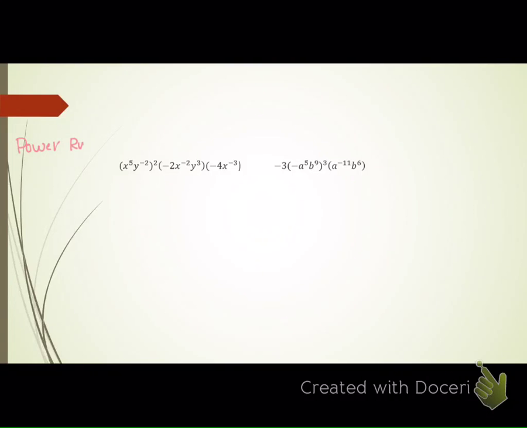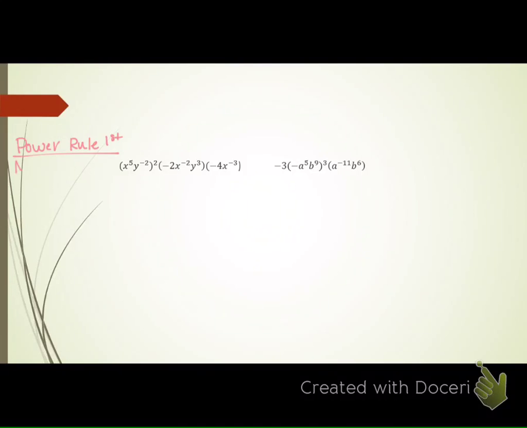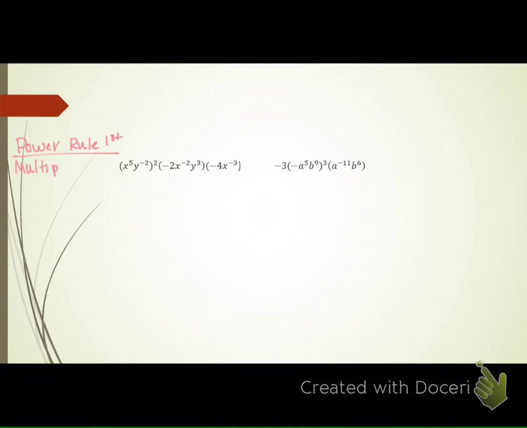And what does the power rule tell you to do? Multiply the exponents. Very good. Not the coefficients, the exponents. So we'll do the power rule first, and then we'll do the product rule.